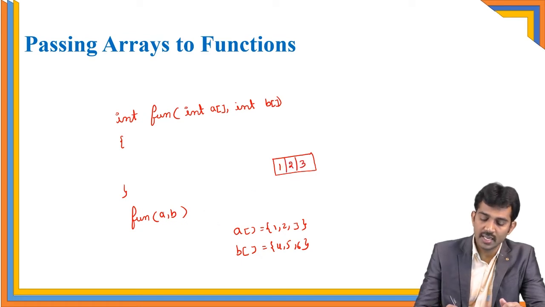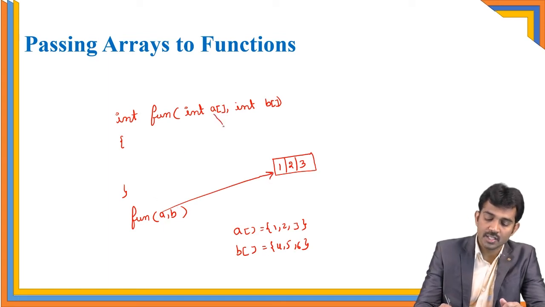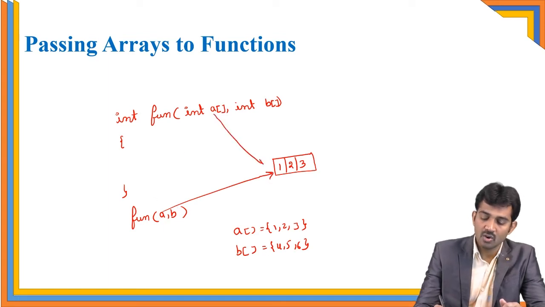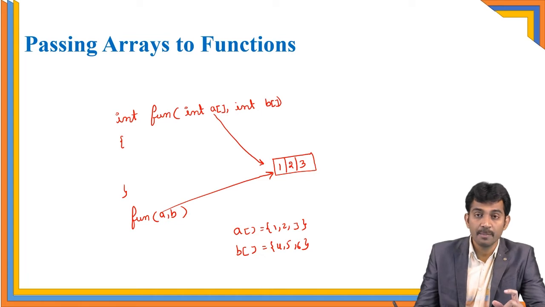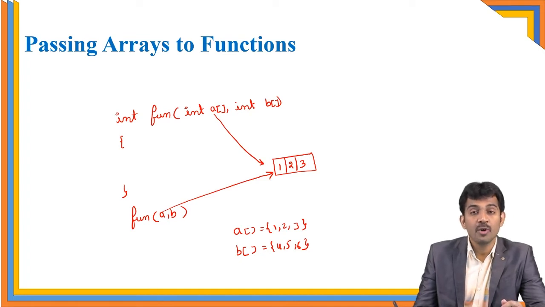So this A is pointing to this one. It is just going to send the address, so it creates a reference to here, not a copy. If you create a copy, then changes happening in the subfunction will not affect the main function. So from the arrays point of view, it is going to use the call by reference concept.